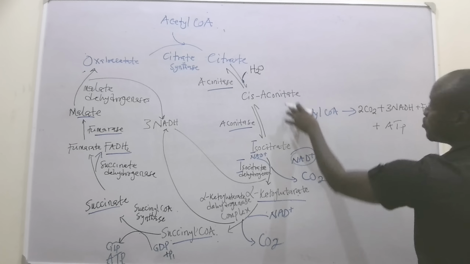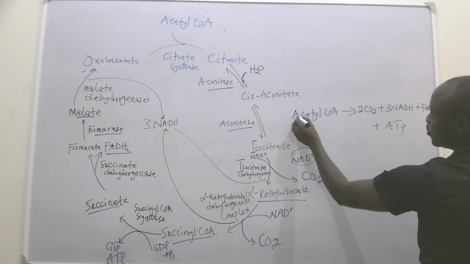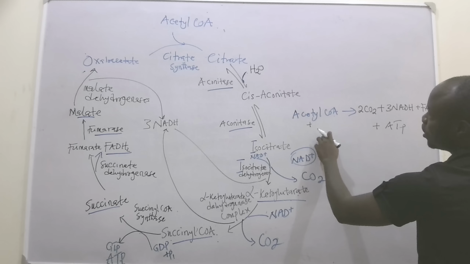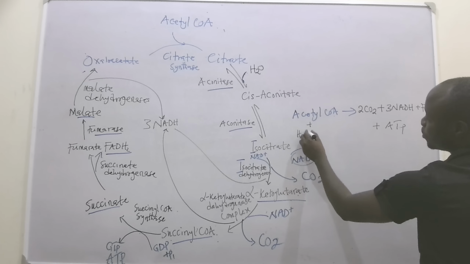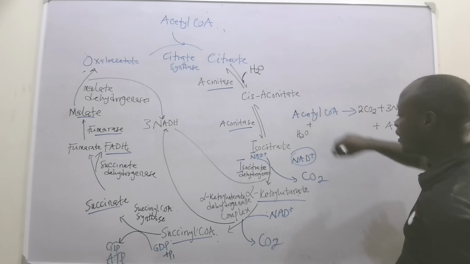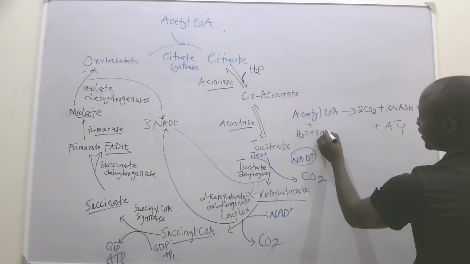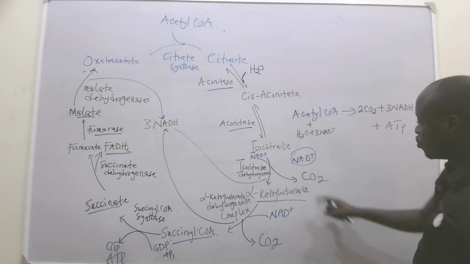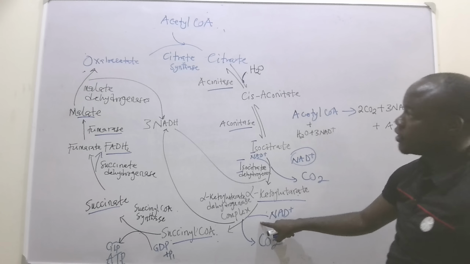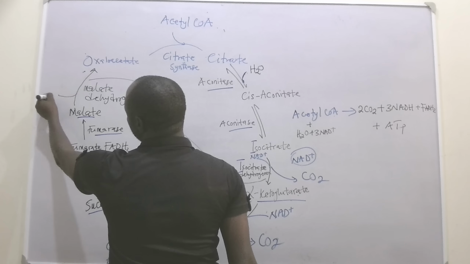So this means that for the citric acid cycle to occur, first you need acetyl-CoA, and apart from acetyl-CoA, you need water molecules. You see, there is hydration, so 1 molecule of water is needed. And then there are 3 molecules of NAD plus, 1 at this stage, 1 also at this stage, and another 1 at this stage.